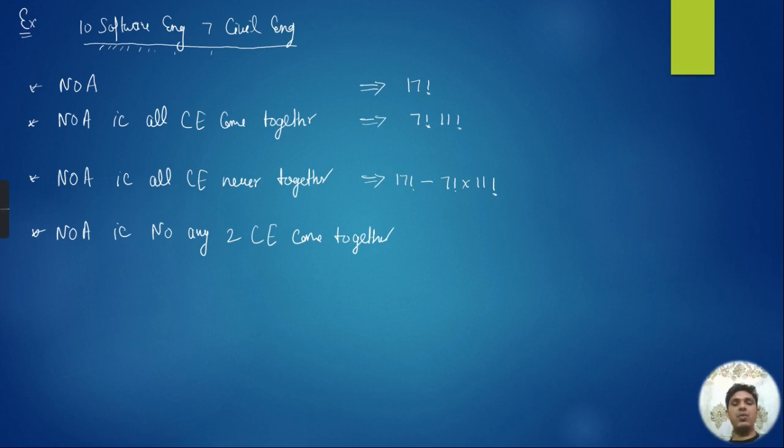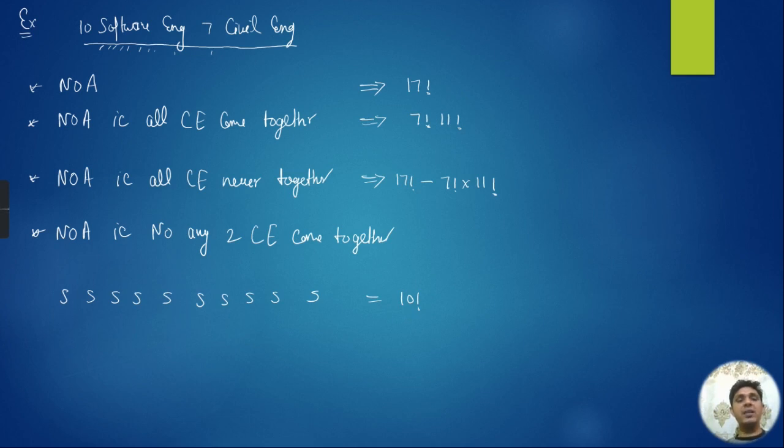So students, for this, listen to the approach first. I would have to arrange the 10 software engineers first, and they can be arranged in factorial 10 ways. You know this, right?